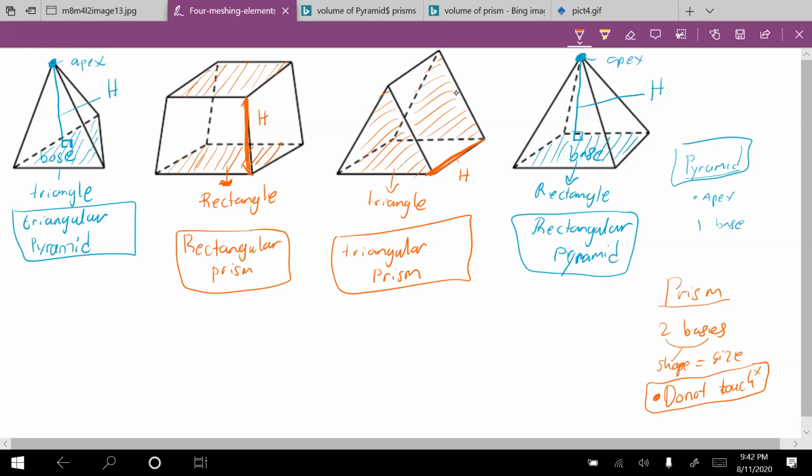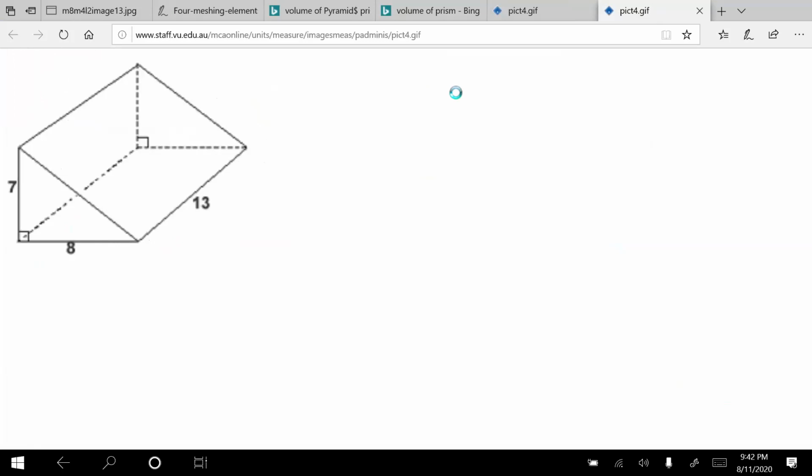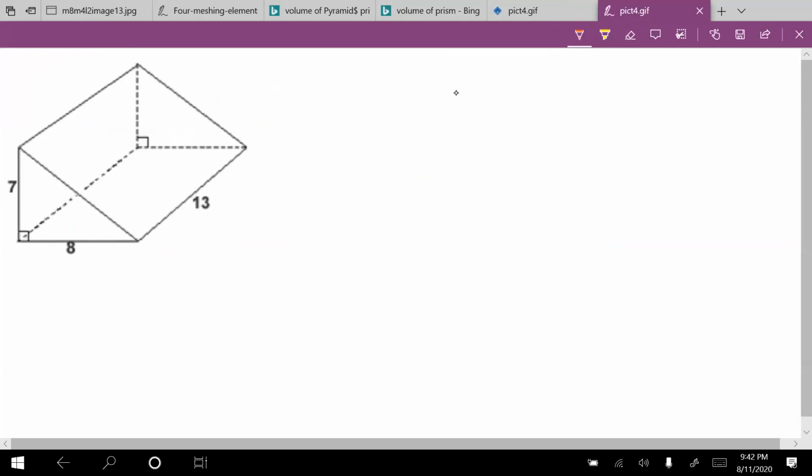So let's try some working examples. Looking at this figure, is it a prism or a pyramid? Remember, a prism has two bases. A pyramid will have an apex.